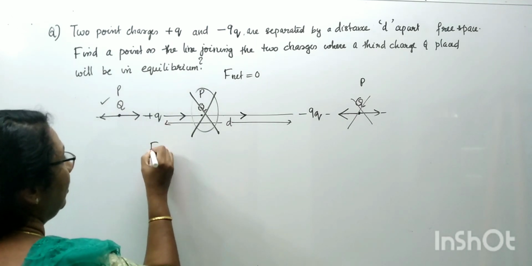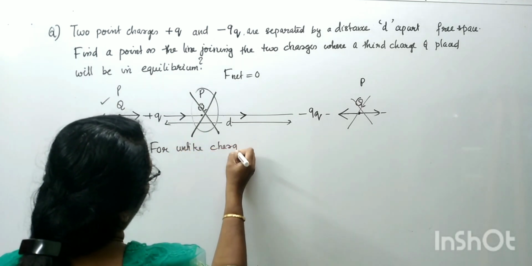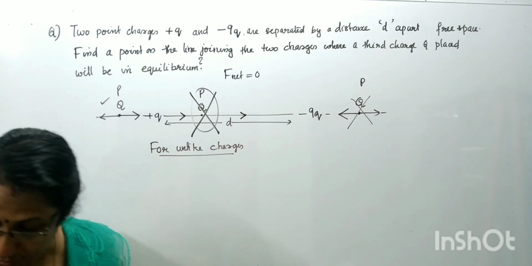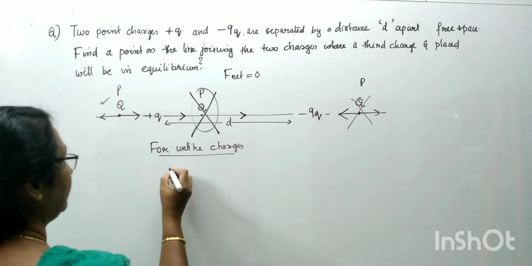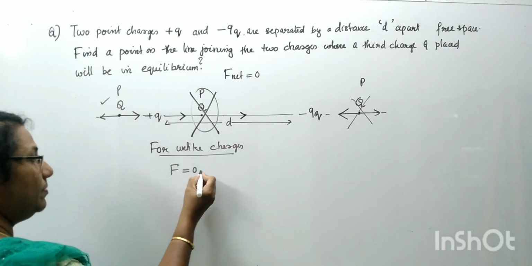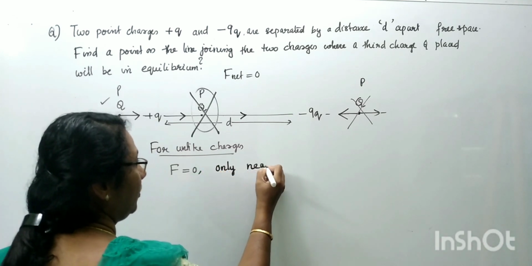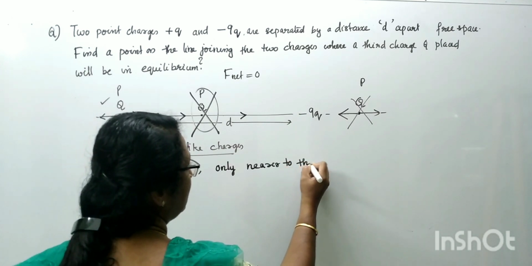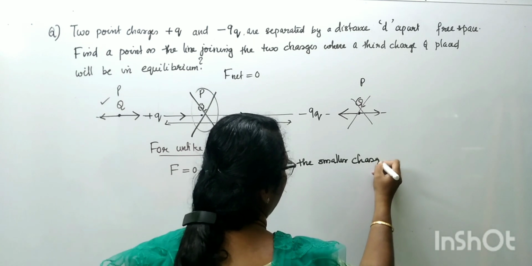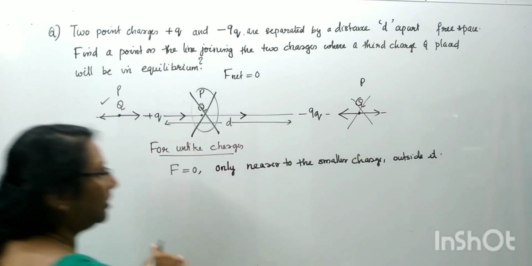So for unlike charges, the force will be 0 only nearer to the smaller charge, outside it. My pen is over, sorry. Okay, clear? Is it clear?